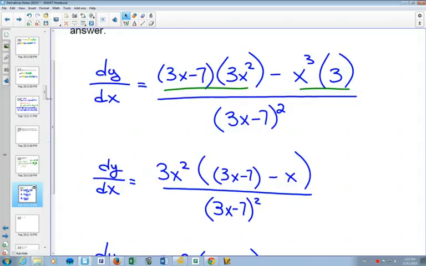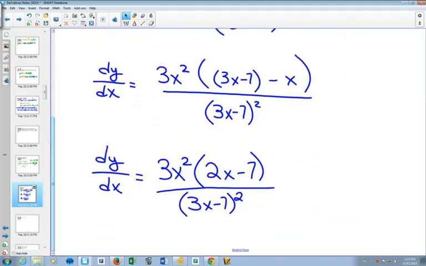So if this is what you got at first, but you look in the back of the book and this is the answer that's given, can you use your algebraic skills to get there? And generally, the factored form is the way that it would be written.